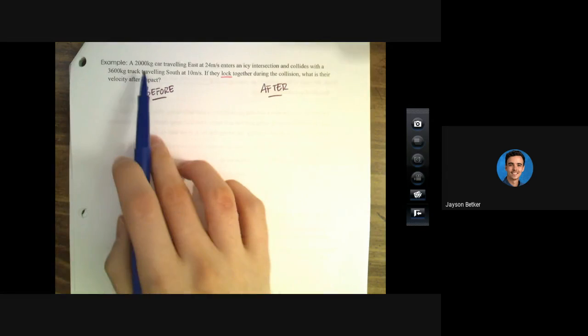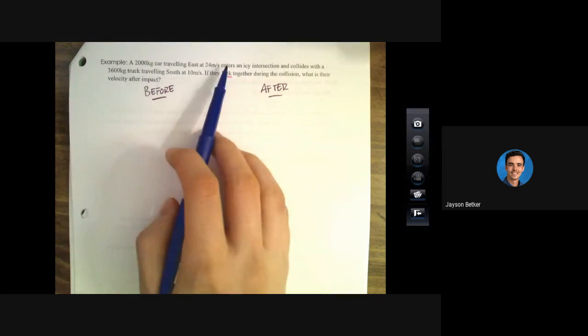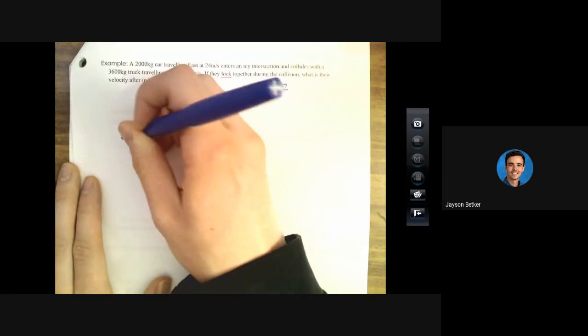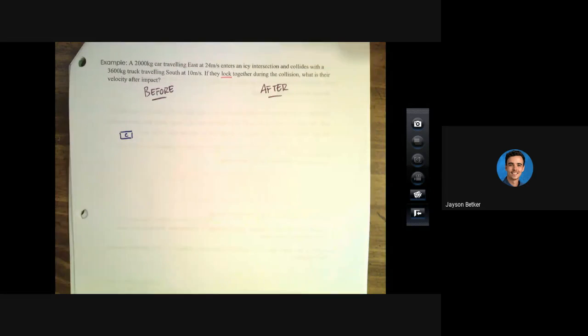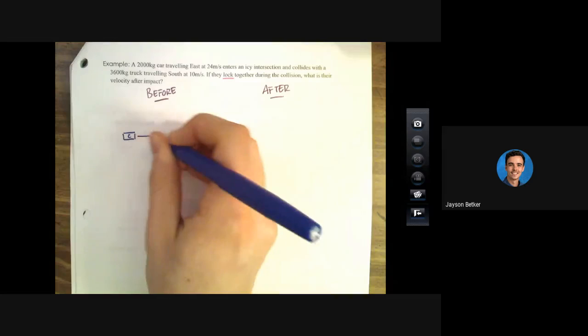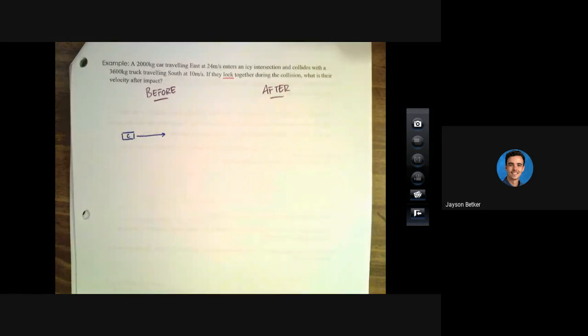So you've got a 2,000 kilogram car traveling east at 24 meters per second. I'm going to draw this from an above kind of perspective. So there's our car. We'll call it C, that'll be its subscript. So we've got the car traveling east like that.